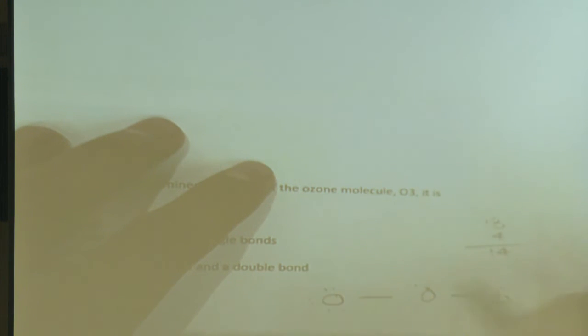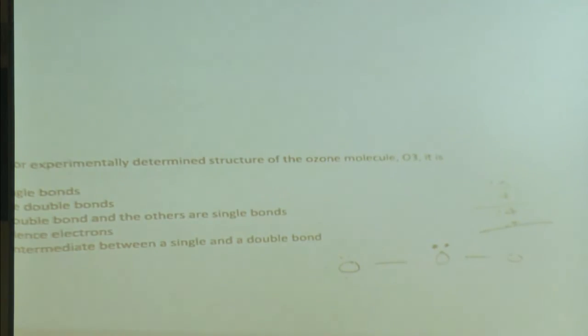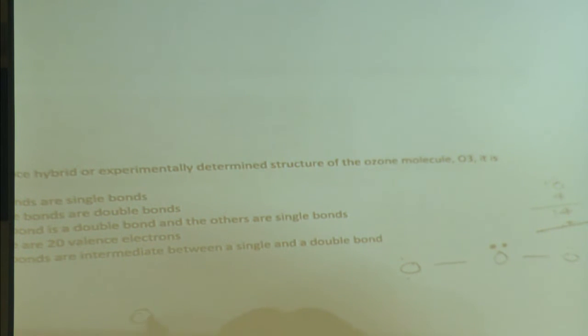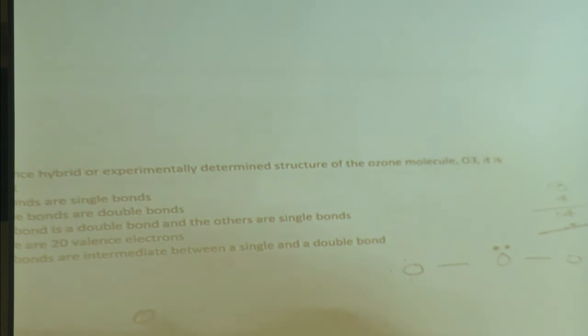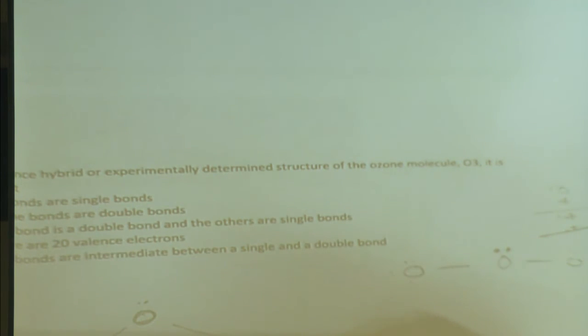And 2 on the oxygen. That's what ozone looks like. 3 electron groups, one of them is a lone pair. What's our shape? Bent. So it looks like that. Octet going on.